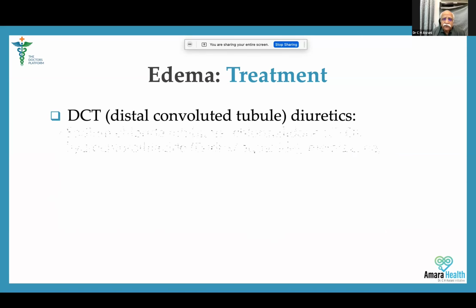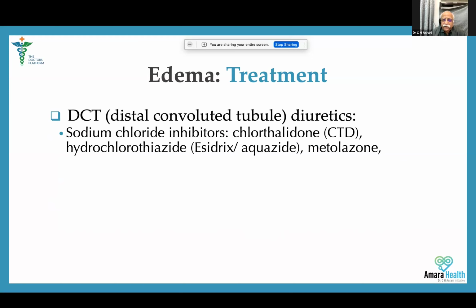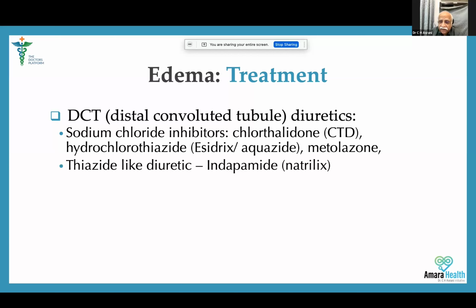Distal convoluted tubule diuretics, chlorthalidone, again used very commonly nowadays with hypertension. So you have telmisartan chlorthalidone combination, aquazide, hydrochlorothiazide, and indapamide. These are all diuretics which may be used without edema but to control blood pressure, because blood pressure will be controlled if your volume is less.